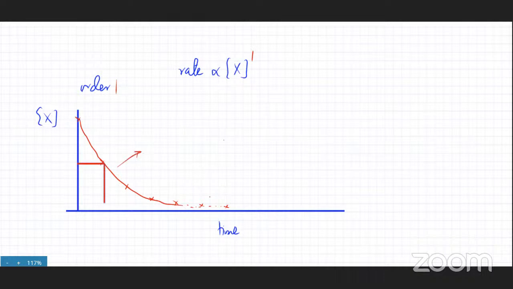That's your first half-life, that's your second half-life, then you have your third half-life. So all your half-lives are constant in this case. There is constant half-life, and the rate decreases proportionally. The gradient decreases proportionally.